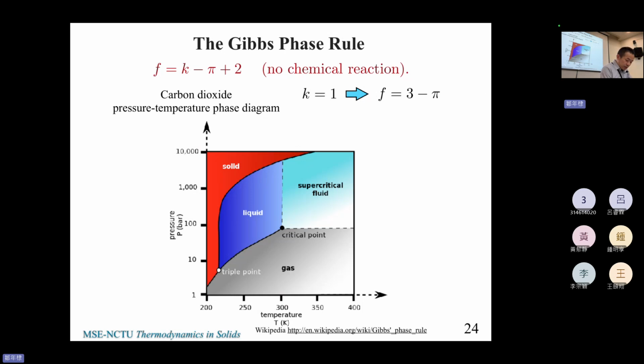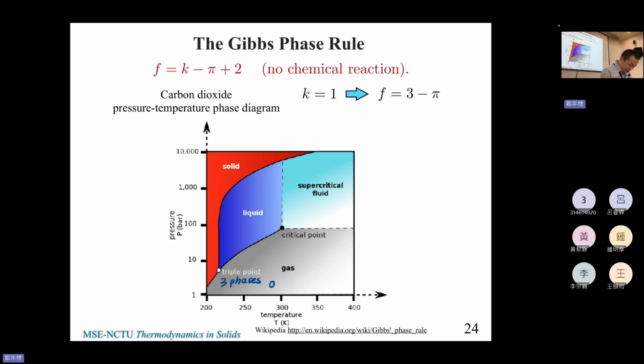As you can see, at the triple point you have 3 phases coexisting. So pi equals 3, and 3 minus 3 equals 0. So you have no degree of freedom.